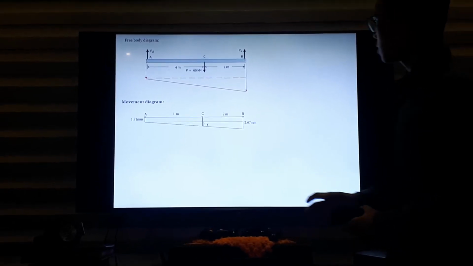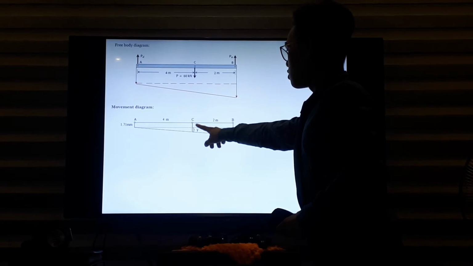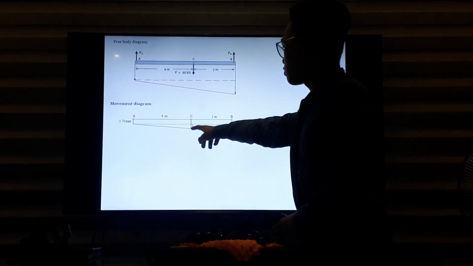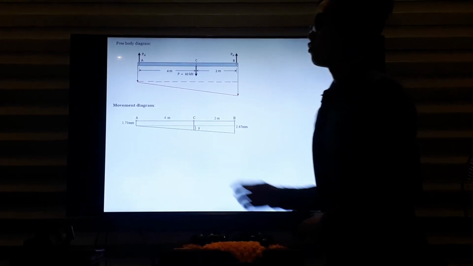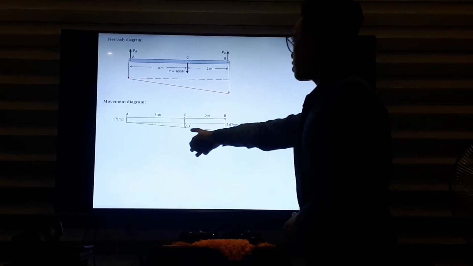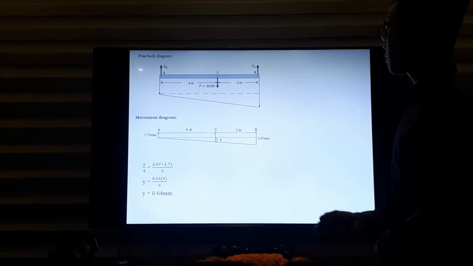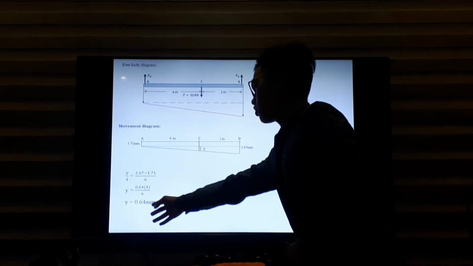So since we're looking for the vertical movement of the force, which would be this, we still cannot find the figure since we need to find the value of y, since this part is already 1.71 millimeters. So since these are similar triangles, we can use the equation of this, and then this will lead us to 0.64 mm.